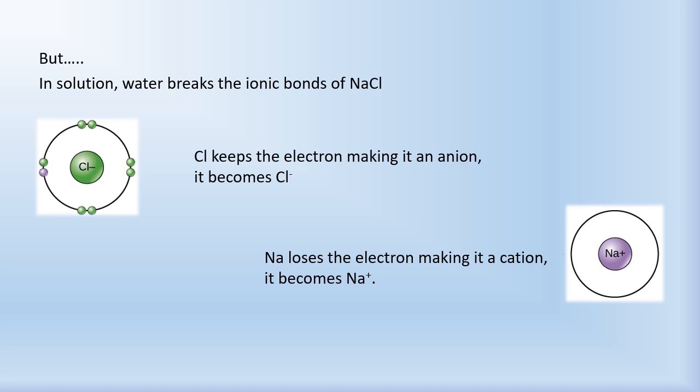This makes it a cation, so it becomes Na+. Na+ therefore becomes a separate cation, and Cl- becomes a separate anion, which breaks down those crystals of NaCl. Na+ and Cl- are 2 of the most important ions in the body.